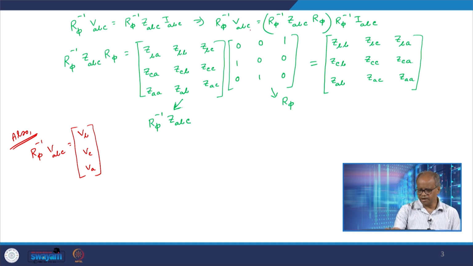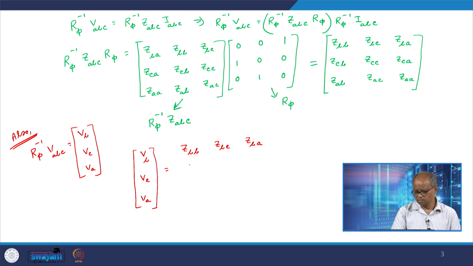So if I write everything in matrix form, I get VB, VC, VA is equal to the matrix ZBB, ZBC, ZBA, ZCB, ZCC, ZCA, and so on.